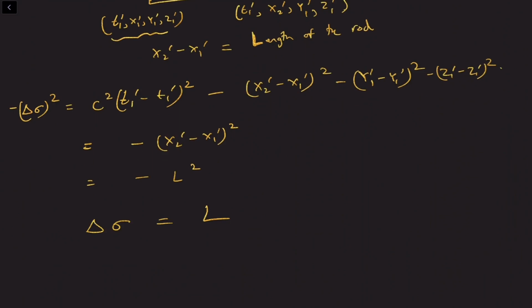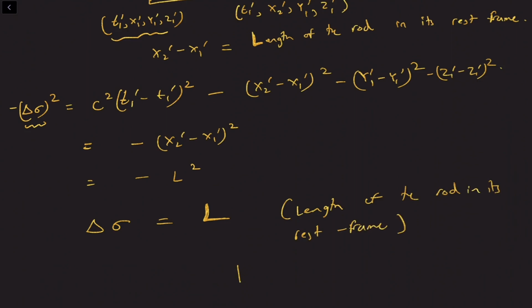That's why it was useful to define it like this. Delta sigma defines the length of the rod in its rest frame, or what's called the proper length of the rod.